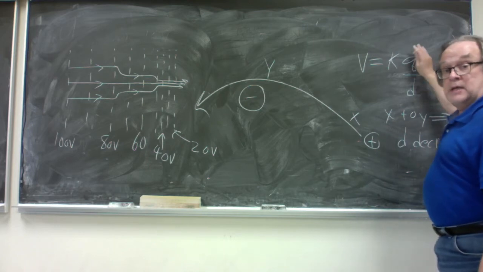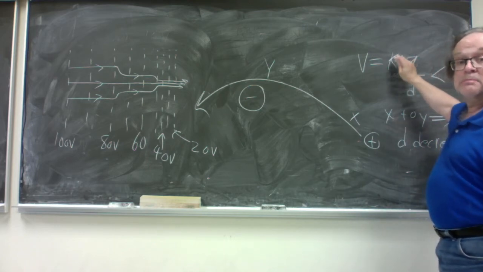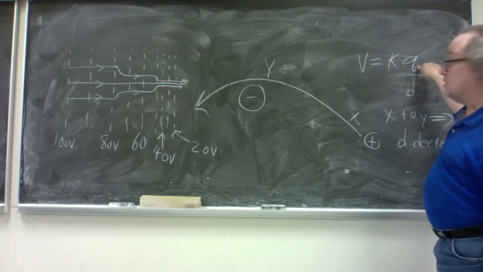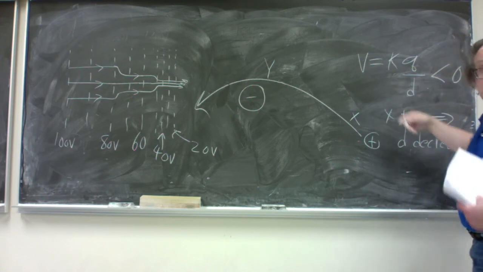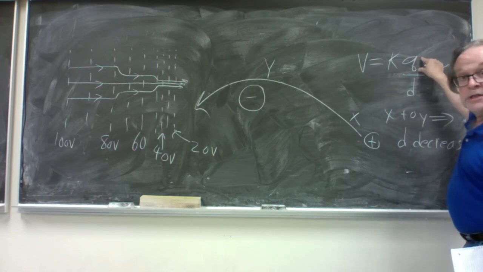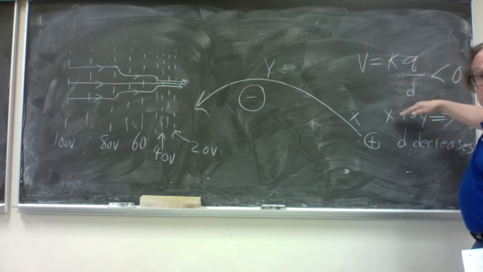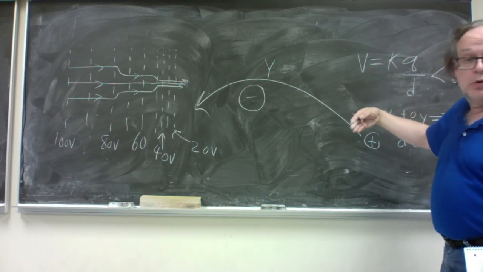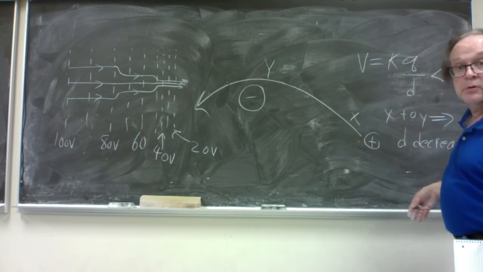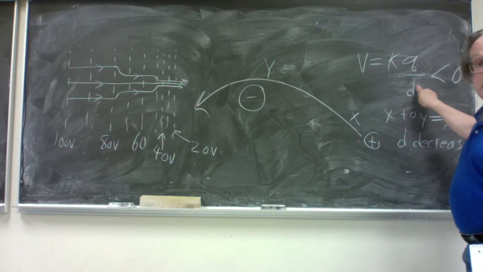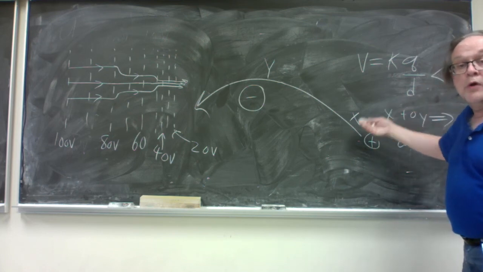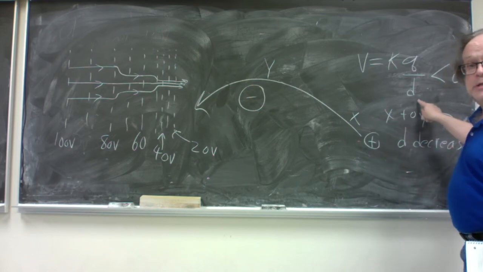So that means the absolute value of this fraction gets bigger and bigger. Remember, this is negative. So this negative number stays constant. This gets smaller. So this becomes a negative number with larger and larger absolute value, or a more and more negative number. When D is big, this might be, say, negative 1 volt.